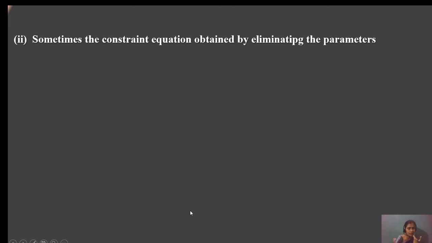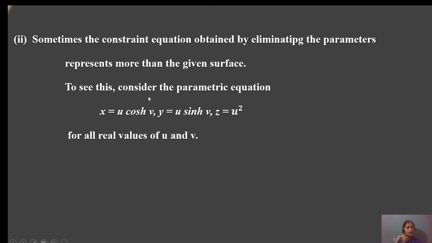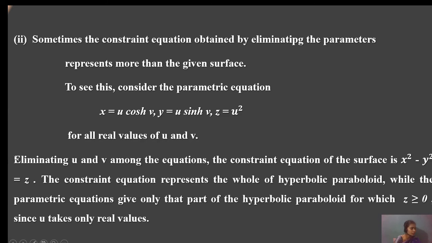Second example: sometimes the constant equation obtained by eliminating the parameters represents more than the given surface. To see this, we use the hyperbolic form: x equals u cosh v, y equals u sinh v, and z equals u square, for real values.